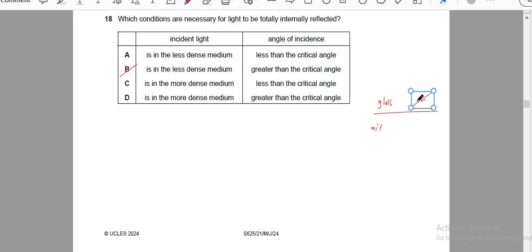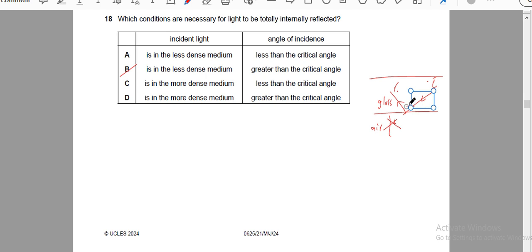Incident angle should be greater than the critical angle to have not a part refracted and part reflected, but to have all of the incident ray internally reflected inside the glass without any refraction.